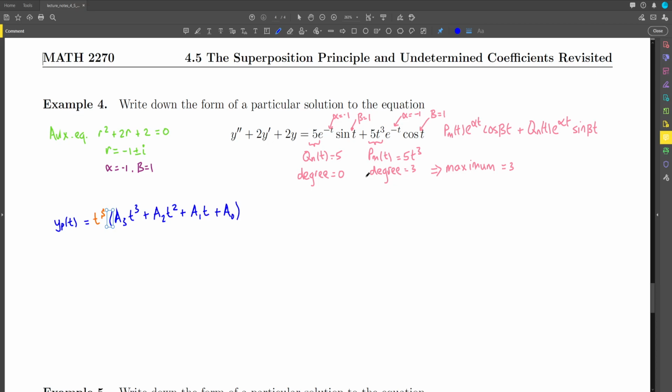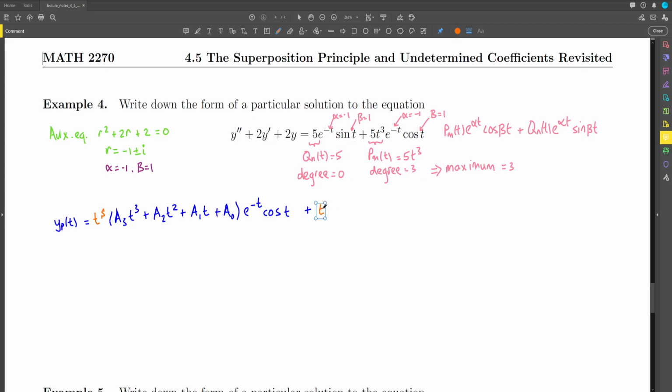And then we're going to have e to the power negative t cosine t. And then we have to do the same thing for the term with the sine.